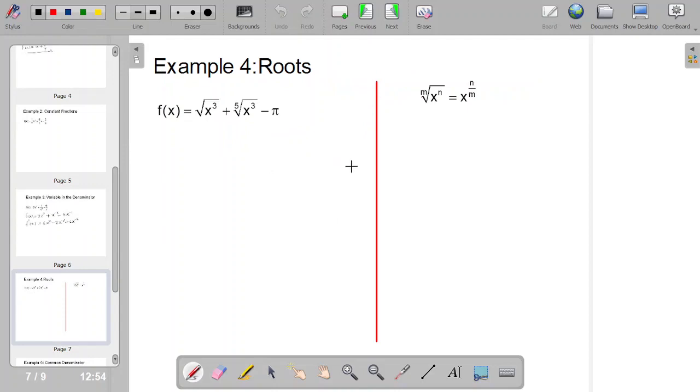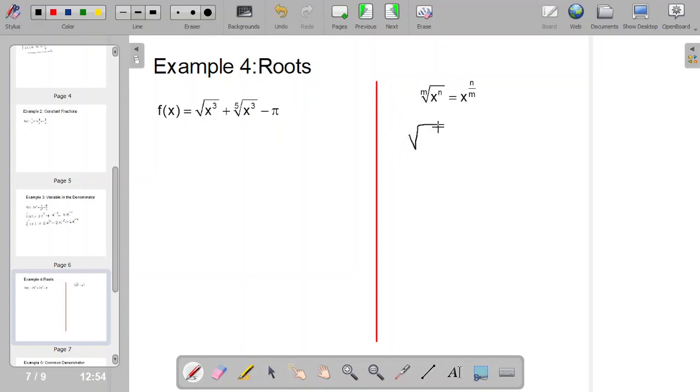Then in example 4 we are looking at problems where you have roots, and if you look here, you have x to the power n and you have the mth root, so you want the mth root of x to the power n. How you change this to exponential form is what was inside goes to the numerator, and what was the root will go in the denominator.